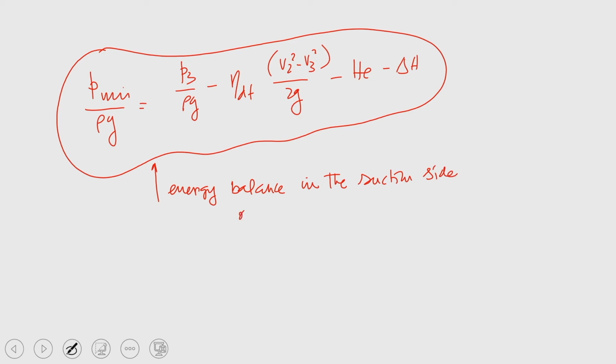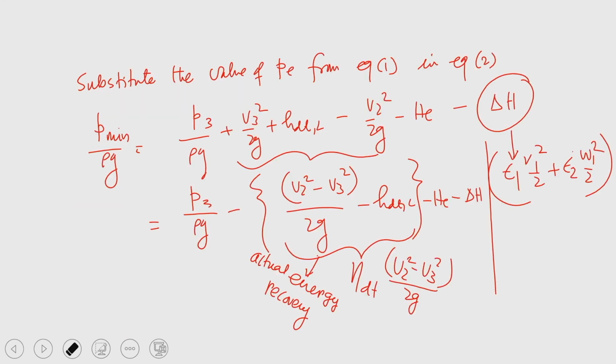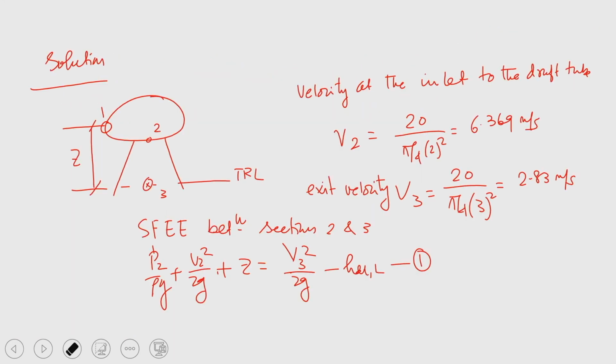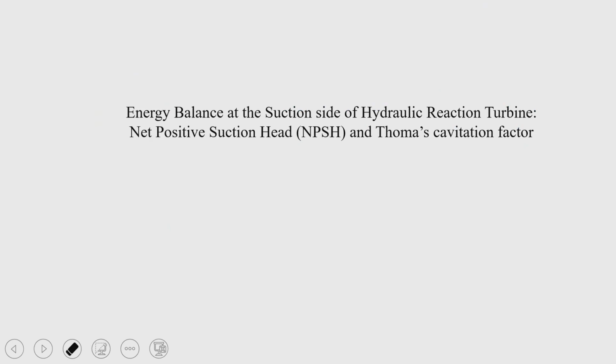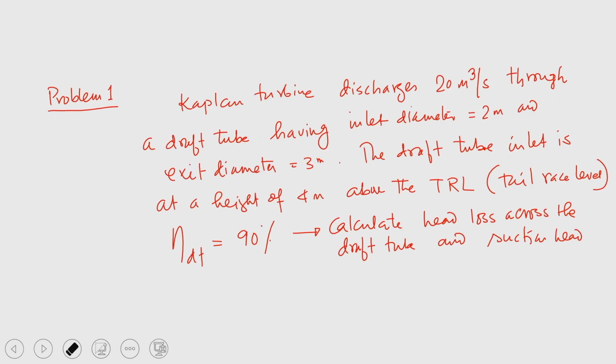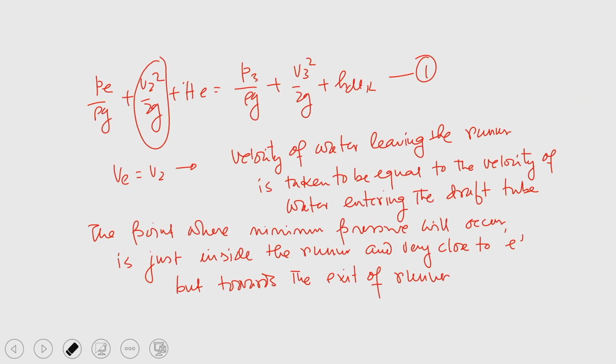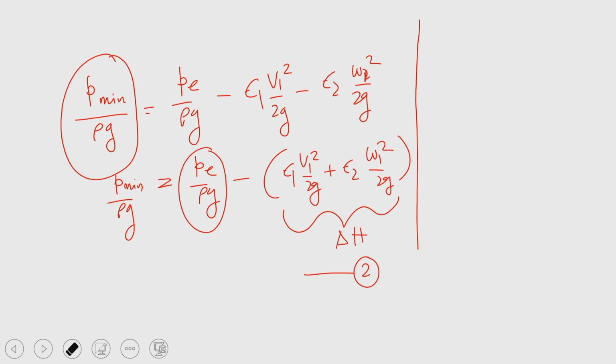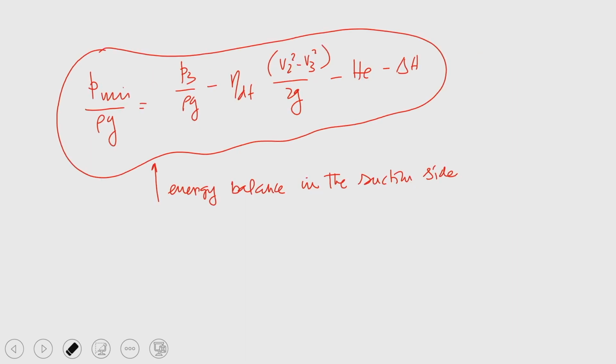If we go back to the first slide, it is the energy balance in the suction side of the hydraulic reaction turbine. The suction side of the reaction turbine is the exit, the inlet to the draft tube.